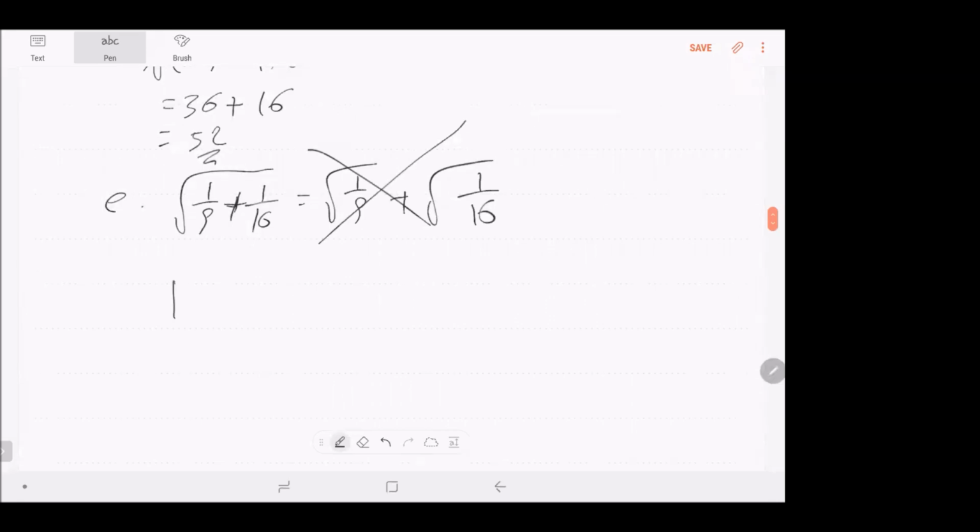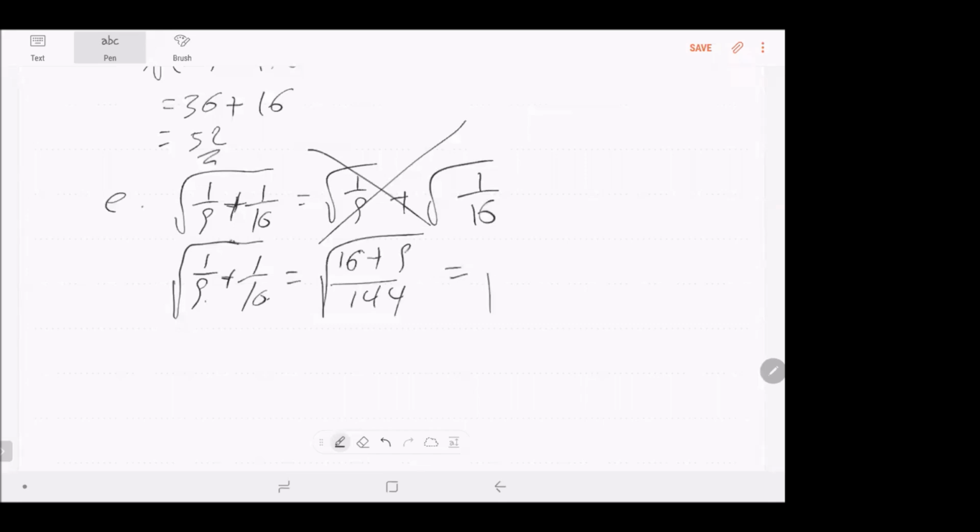So when we solve this question, 1/9 plus 1/16 is equal to, when we simplify the radicand as it is, 1 times 16, crisscross. When we do crisscross on this radicand, 16 plus 9 over 9 times 16 is 144.